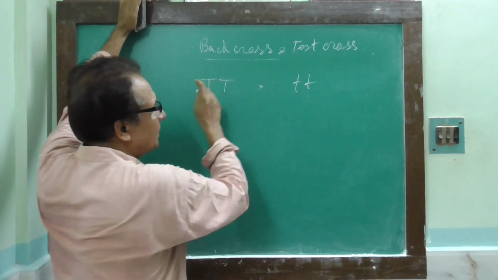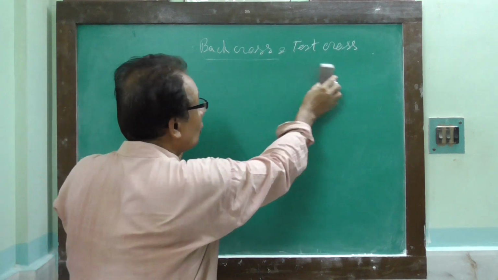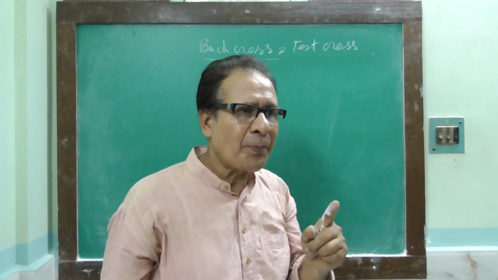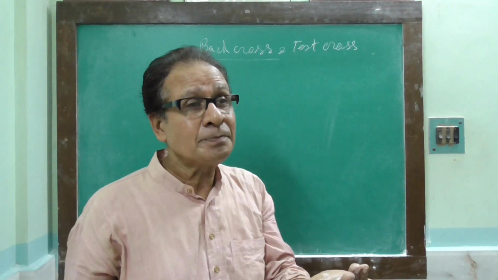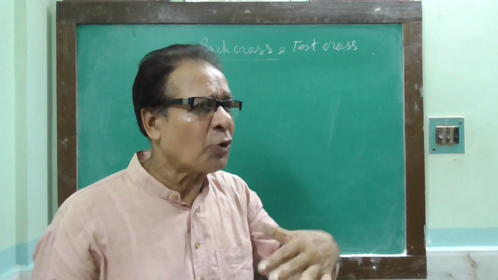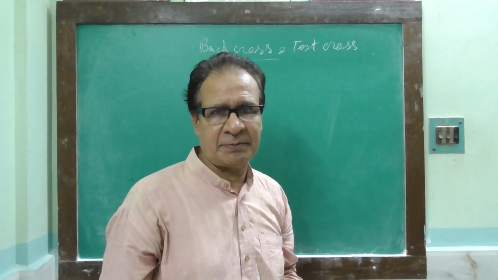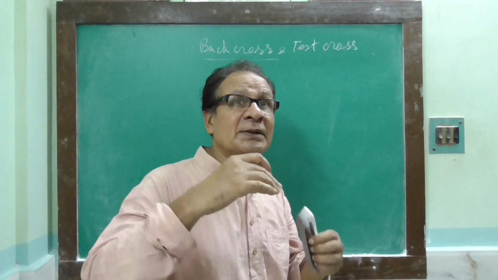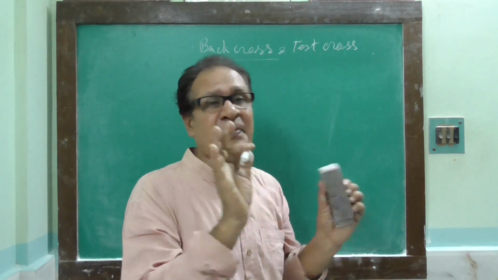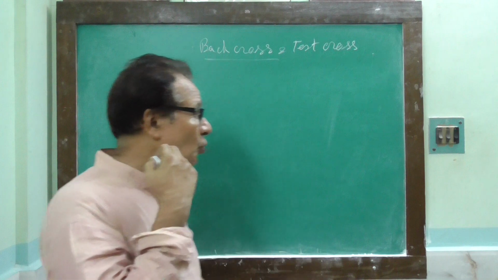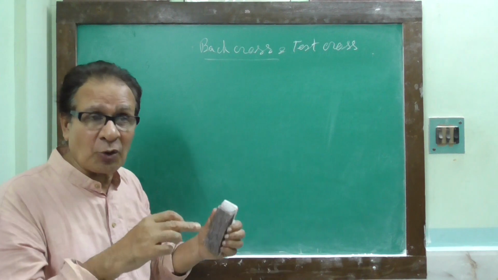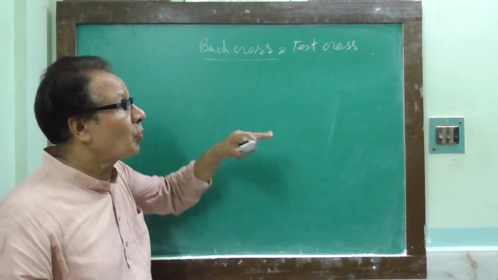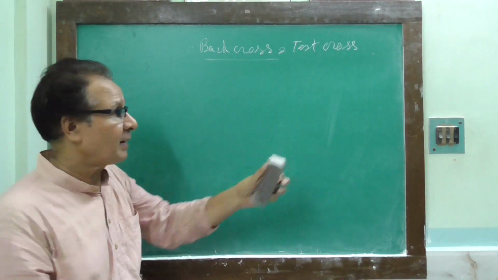And test cross, to know the genotype of an unknown individual with the dominant trait, it is crossed with the homozygous recessive parent. So to know the unknown genotype of an organism with the dominant trait, it is crossed with the homozygous recessive parent.